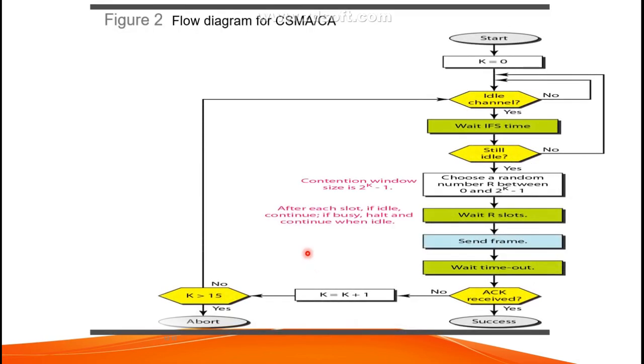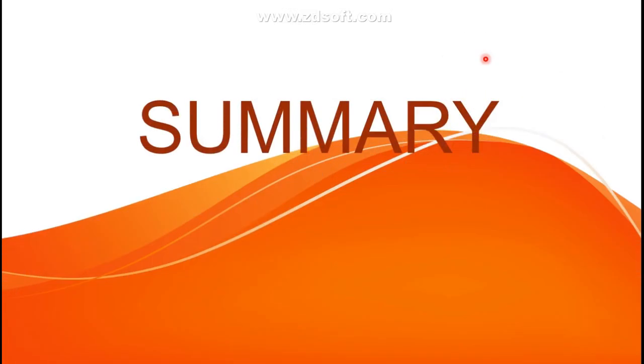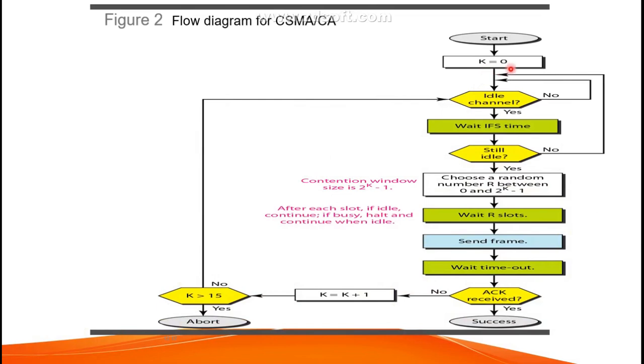Now let's understand this flow chart. So first, as we know, K is nothing but the number of attempts. So initially we are going to start with K equal to 0.